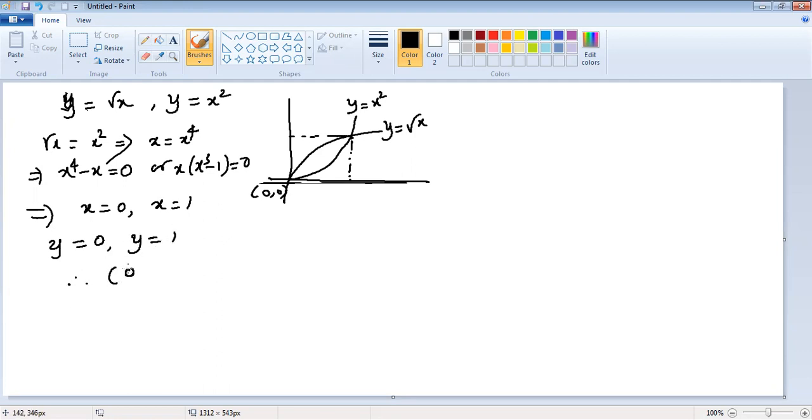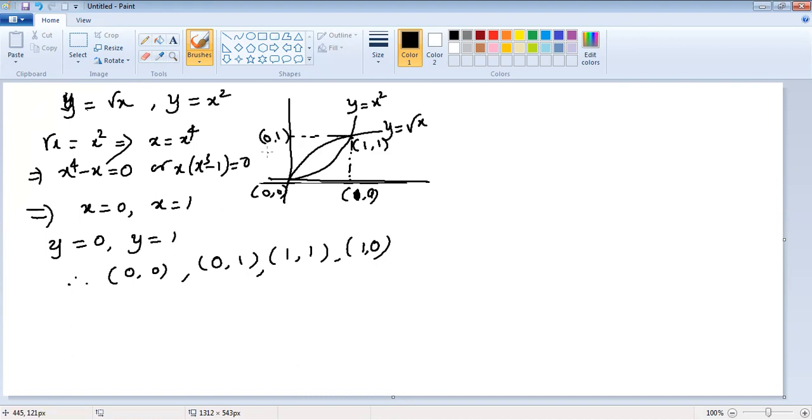Therefore the points of intersection are (0, 0) and (1, 1). Here, this is (1, 0), where y will be 0, and here (1, 1), and here (0, 1). This is how to find the points of intersection.